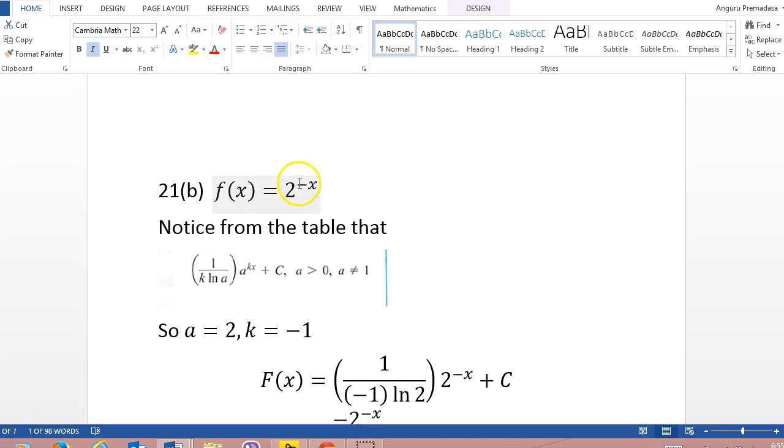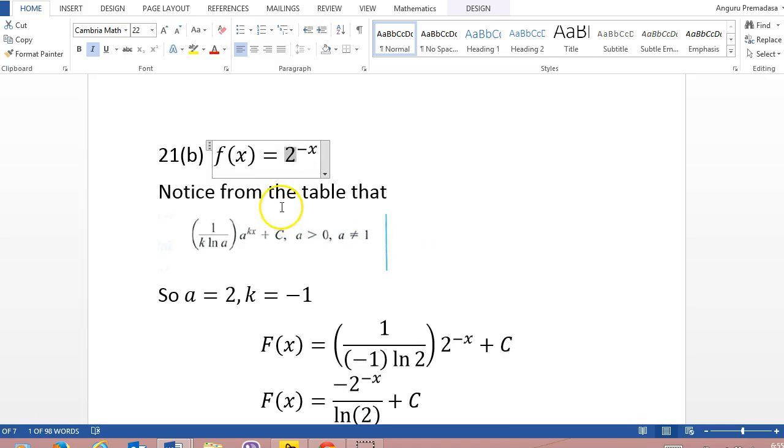Now here this is also an exponential in this problem, but the base is not e, the base is 2. Now for this you can use the formula, okay. So in the table you can see a formula where they find the antiderivative of a to the kx, okay, and the antiderivative of a to the kx is actually 1 over k natural log of a, times a to the kx plus c.